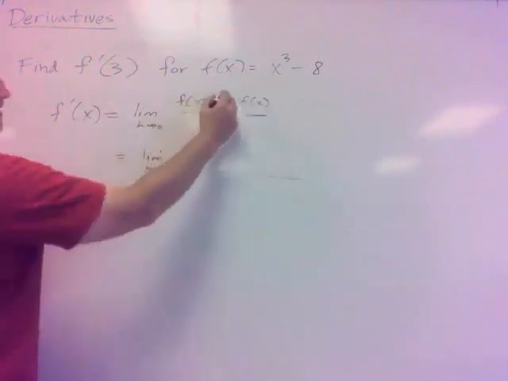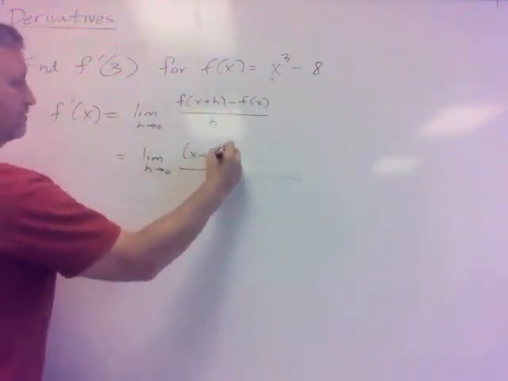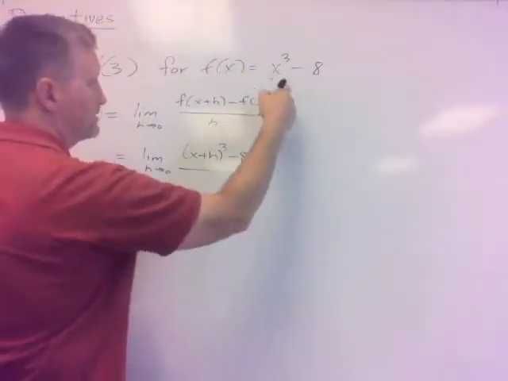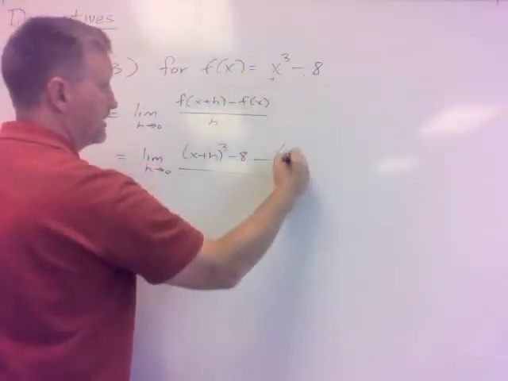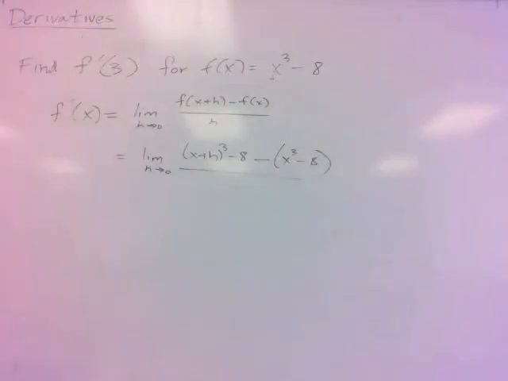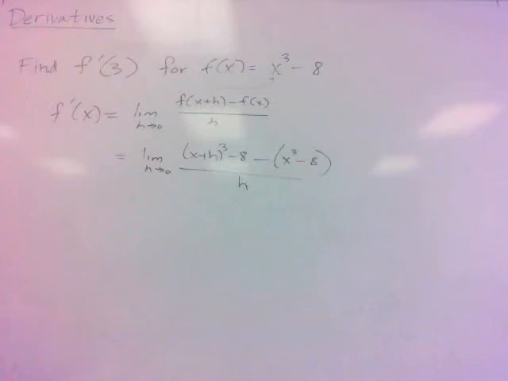We've got x plus h for x there, so it'll be x plus h cubed minus 8. Then we'll have minus f of x, so minus parentheses x cubed minus 8, all over h. With me on that, using the definition of derivative?